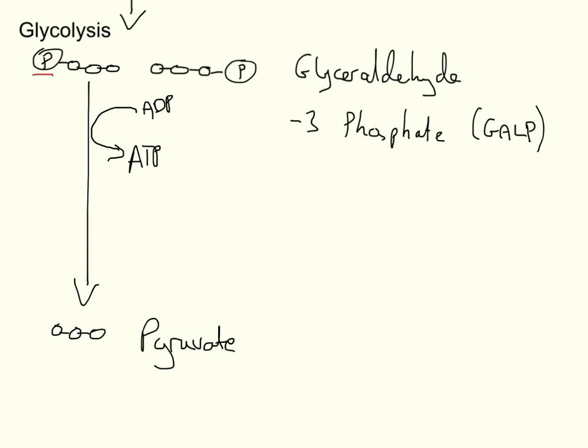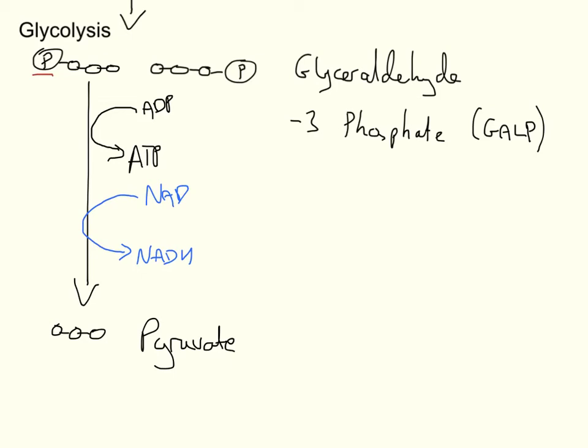Now the other thing about this reaction is that it is an oxidation. And if there's been an oxidation, there must be a corresponding reduction. And in this reaction, we get a reduction occurring, just using blue for reductions. NAD is reduced to NADH. Now NADH can also be called NADH2 or NADH+. They're all the same thing for the purposes of the exam.